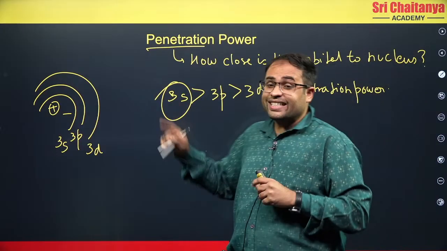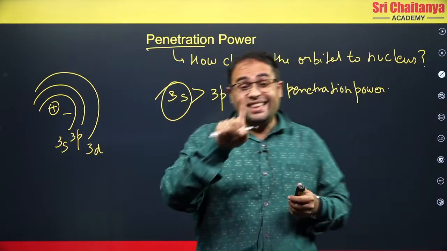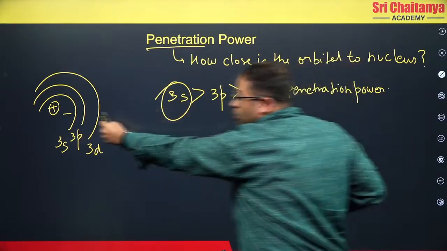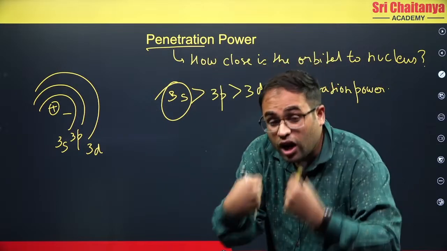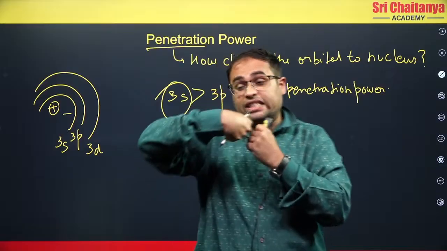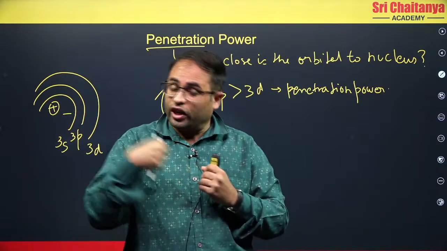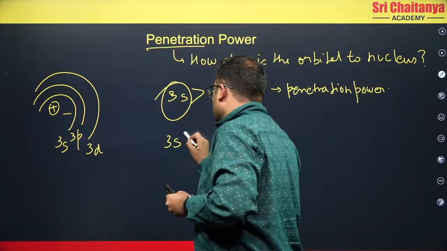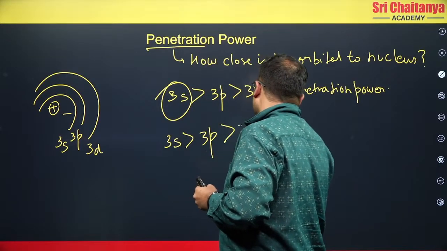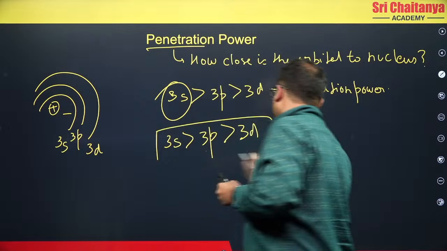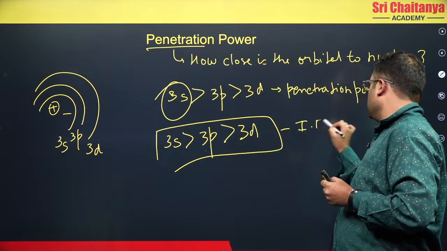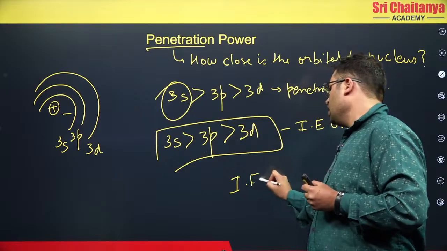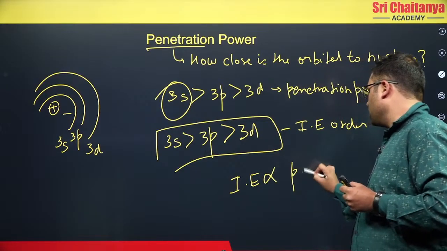Now, because it feels a stronger force, stronger force of attraction because it is close, it is difficult for you to remove. Difficult means you have to give more energy. So again, the ionization energy order will be in this order. This is the ionization energy order. So I can directly say that ionization energy is directly proportional to the penetration power.